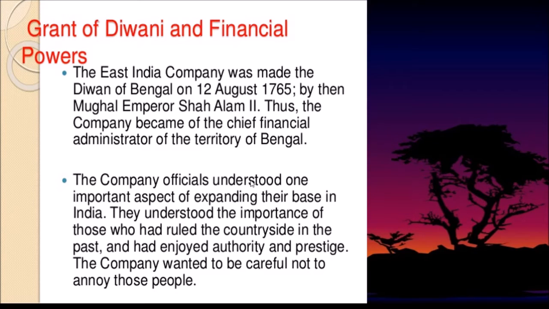The company officials understood one important aspect of expanding their base in India. They understood the importance of those who had ruled the countryside in the past and had enjoyed authority and prestige. The company wanted to be careful not to annoy those people.